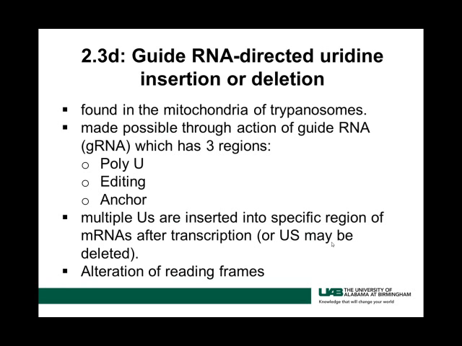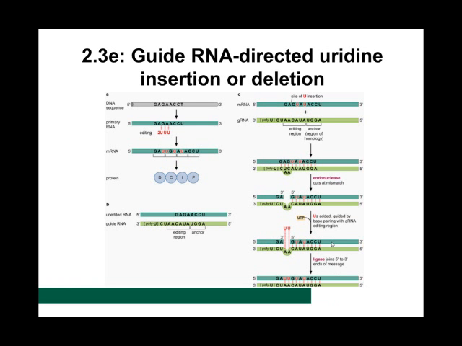Okay? And the second one is the use of guide RNA to insert U residues into the messenger RNA. Now, here's the way it happens. Let's put it very simply this way: you can have a messenger RNA that is made, and you can read the sequence of the gene, and you predict the messenger RNA, and you know exactly what the sequence is, and then you can predict using a program what the protein is going to be and the sequence of amino acids in that protein.